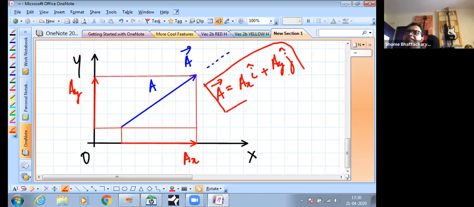But first of all, let's understand, in this, what is Ax? Ax is this thing. Ax is this component or this projection. So component and projection are actually interchangeable. They mean one and the same. So you can see that Ax is the projection or the component of the vector A along the x-axis.